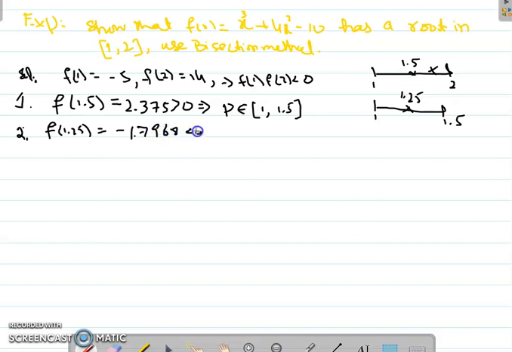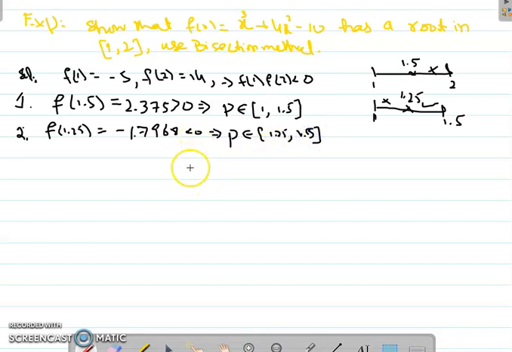So this value is less than 0, meaning at this point we got a negative value, and on 1 the value is also negative, so we will exclude this one, and the root lies in this interval. So p belongs to the interval 1.25 and 1.5.